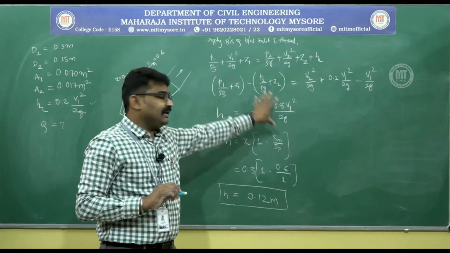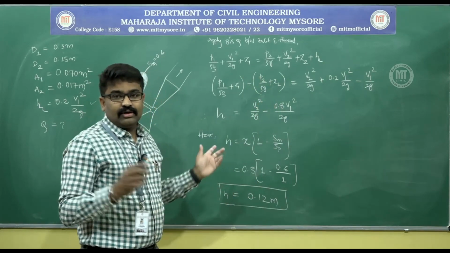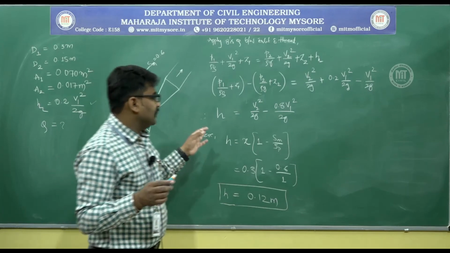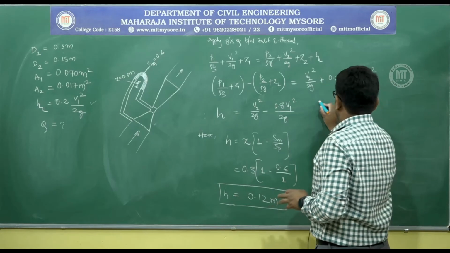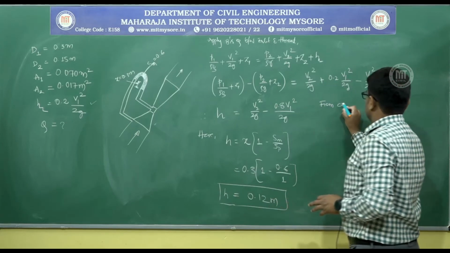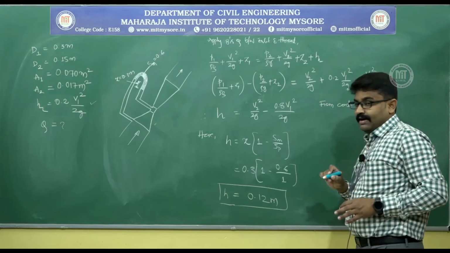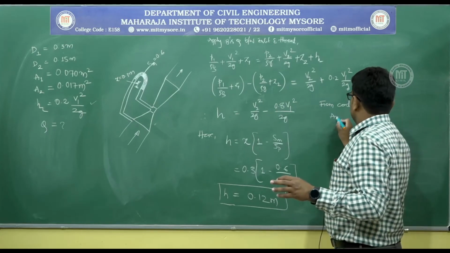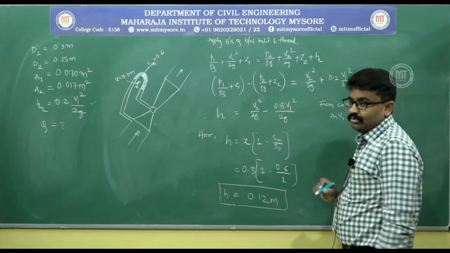If you can solve the right hand side and make it a single unknown, you can solve the problem. How do I do that? From the continuity equation, what do we have? A1 V1 is equal to A2 V2.